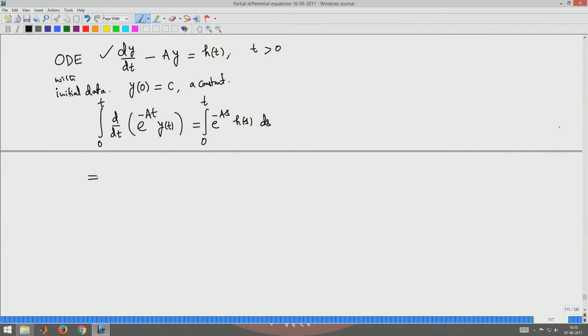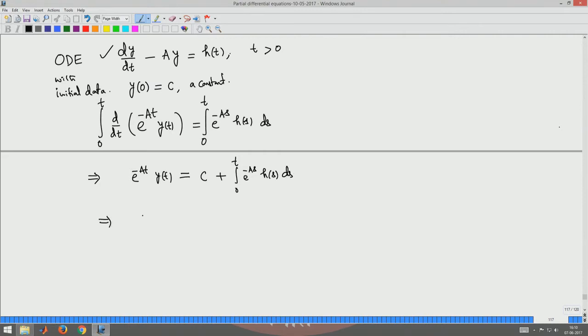So, this will give me my solution as e power minus a t y of t minus e power a into 0, that is 1, so you have y at 0, that is c. If you bring it to the other side, that is equal to c plus integral 0 to t e power minus a s h of s ds.